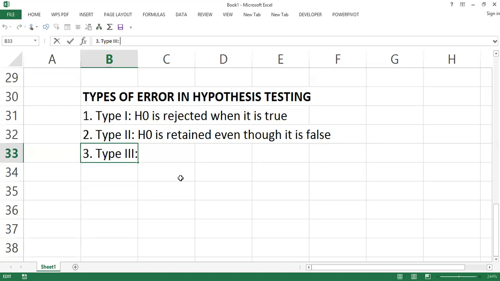So this is an error in the direction of the test.